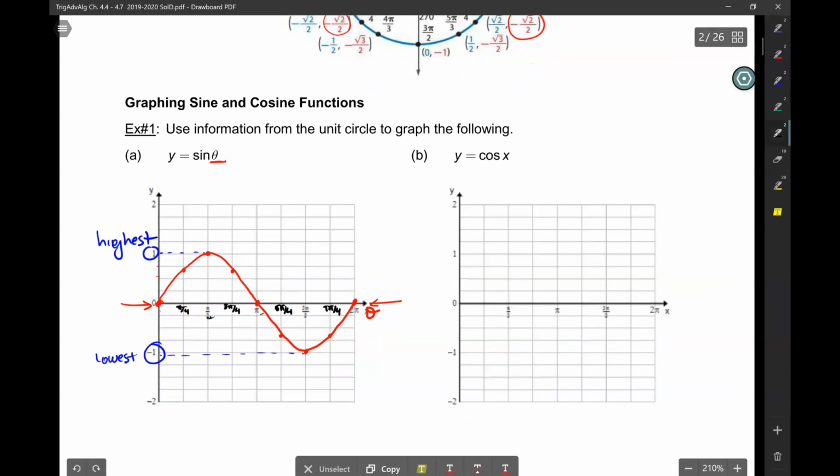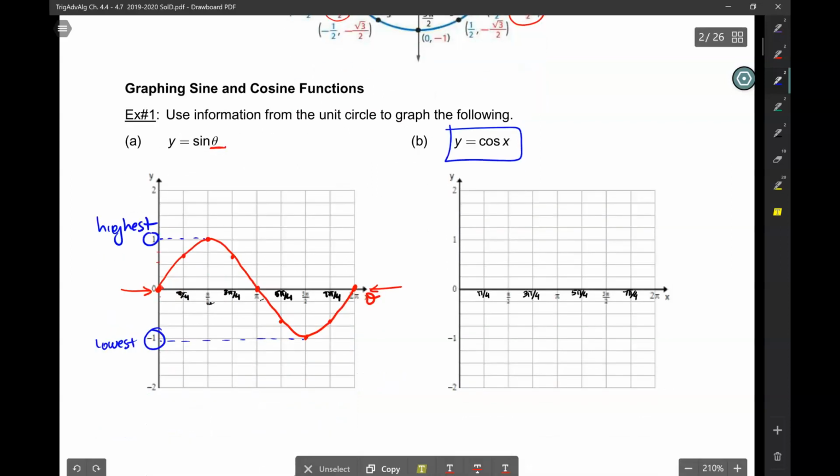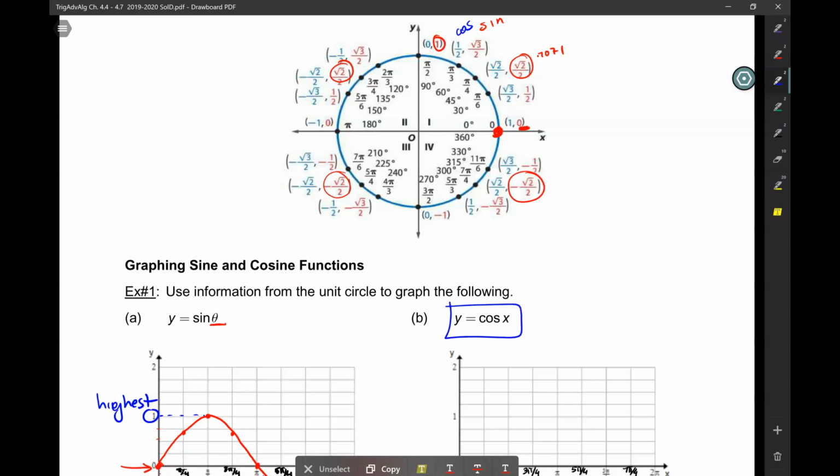So now we're going to do this again. Let's label pi/4, 3 pi/4, 5 pi/4, 7 pi/4. Now here, we're going to graph cosine. So when my angle is 0 on the unit circle, how much is the cosine? 1.